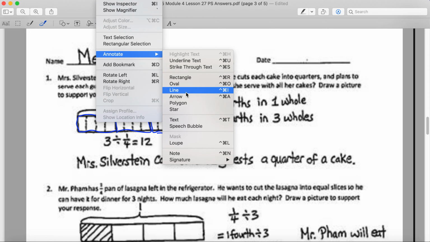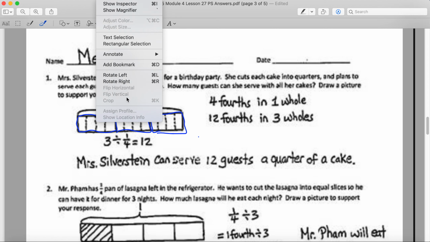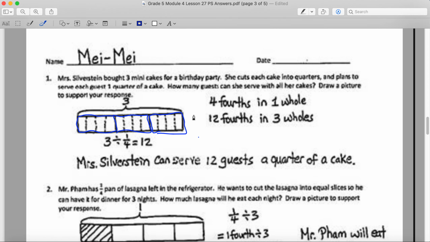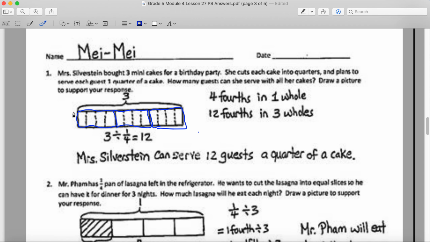So, what I'm going to do right now is, oh, it's already up. I wanted you to see. I started to do this before I touched record. I highlighted here are her 3 cakes, and then she took the cakes and cut them into fourths. So here's a cake that's cut into 4 slices.